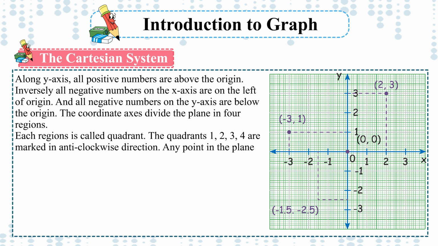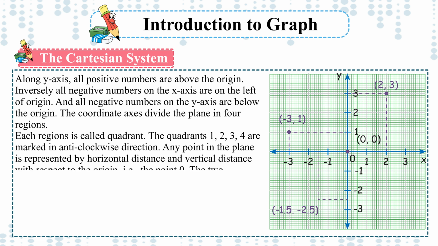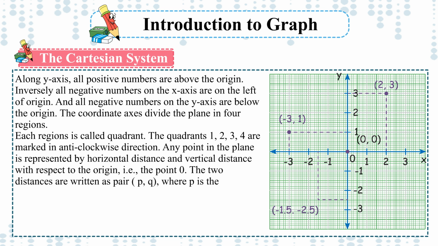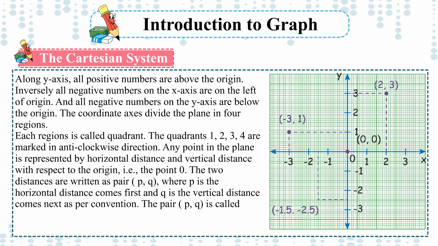Any point in the plane is represented by horizontal distance and vertical distance with respect to the origin, that is, the point O. The two distances are written as a pair (P, Q), where P, the horizontal distance, comes first and Q, the vertical distance, comes next as per convention. The pair (P, Q) is called an ordered pair.